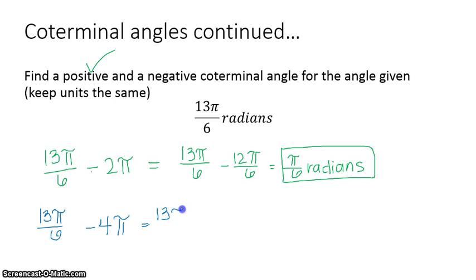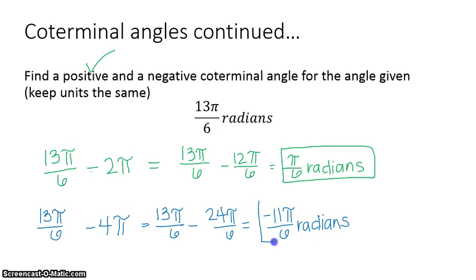So that'd be the same as 13 pi over 6 minus 24 pi over 6, which would be a negative 11 pi over 6 radians. So there's my negative answer. So if I'm in degrees, I'm adding 360, subtracting 360. If I'm in radians, I'm either adding 2 pi or subtracting 2 pi, or for either case, if I need to go further, add 720 or add 4 pi. Just keep adding those circles over and over.